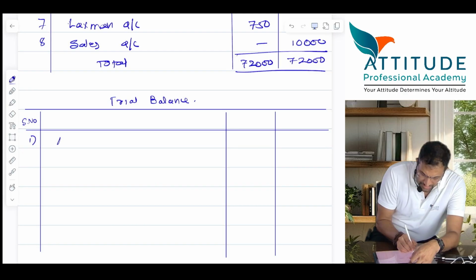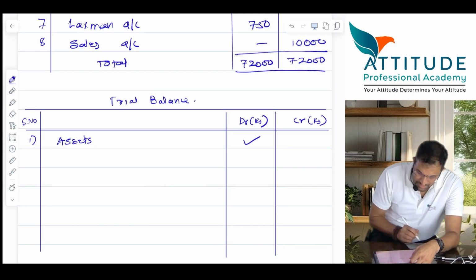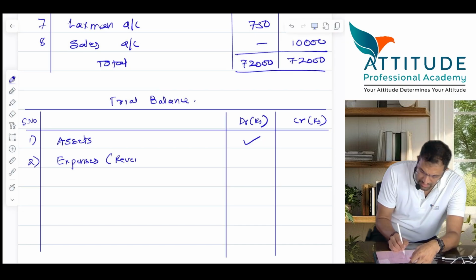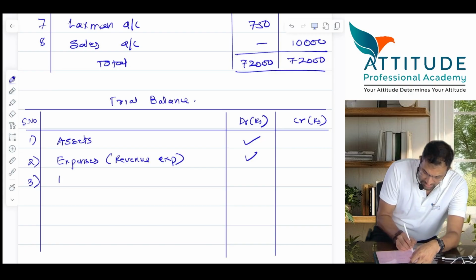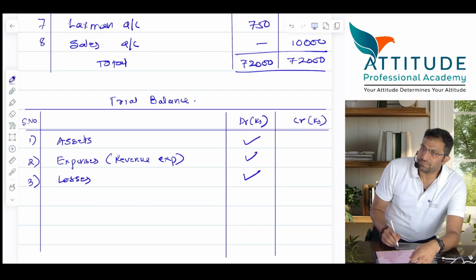First, all assets. All assets will definitely show what balance? Debit balance. Is that clear? Then all expenses, which is revenue expenditure. Revenue expenditure will show debit balance. All losses will show debit balance.